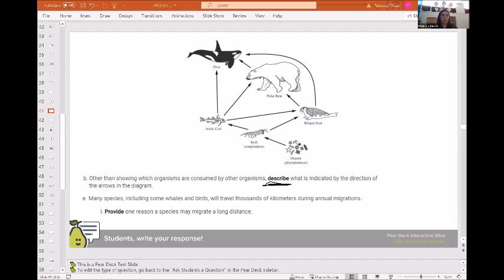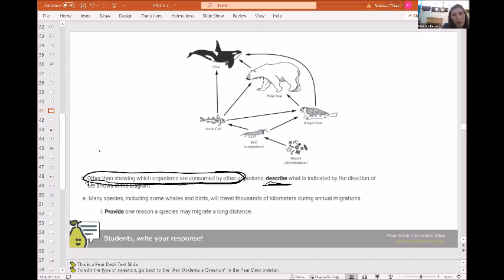All right, excellent. Talking about the flow of energy, perfect. So definitely remember in the question, it says other than showing which organisms are consumed. So they want the really primary reason we have those arrows there.